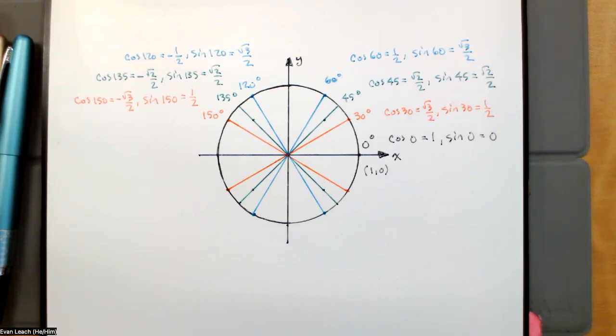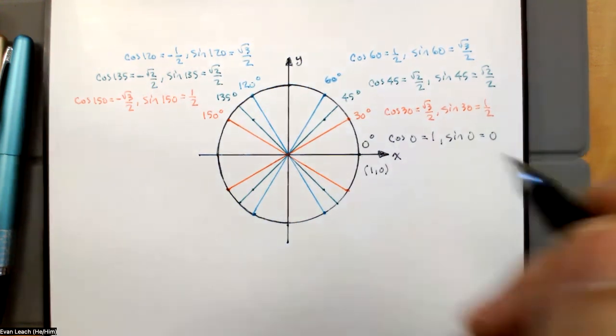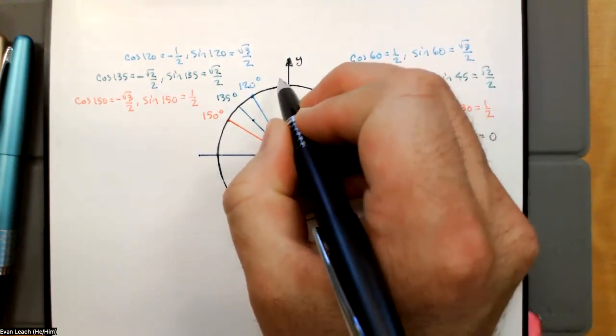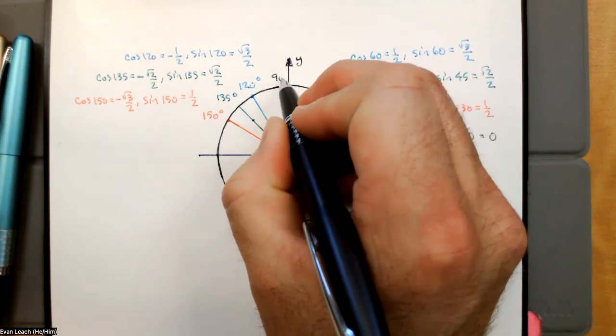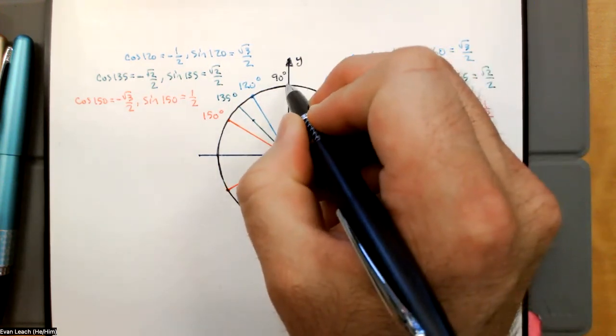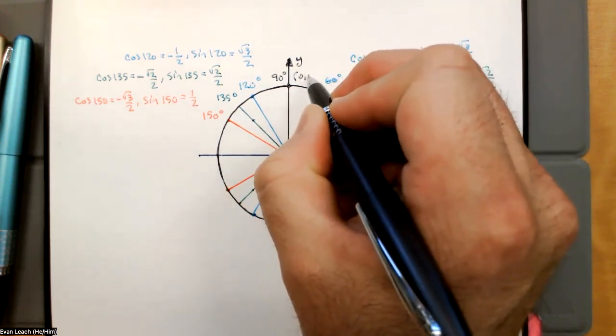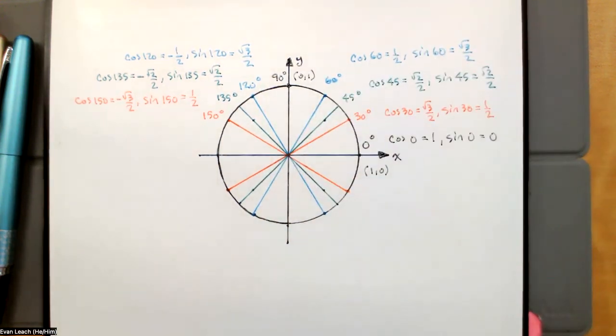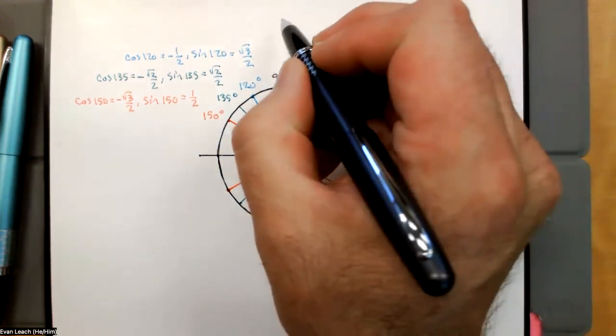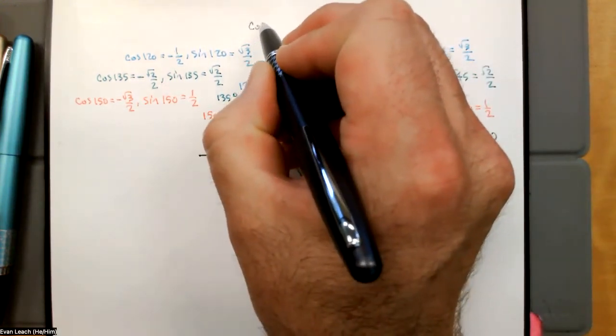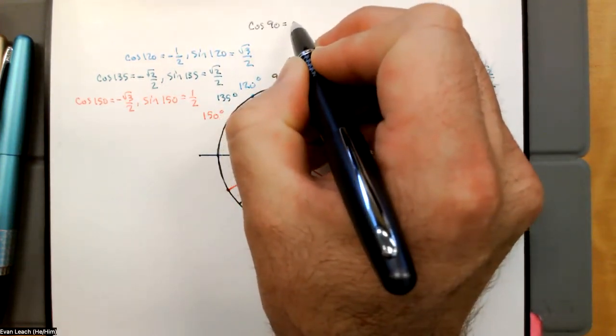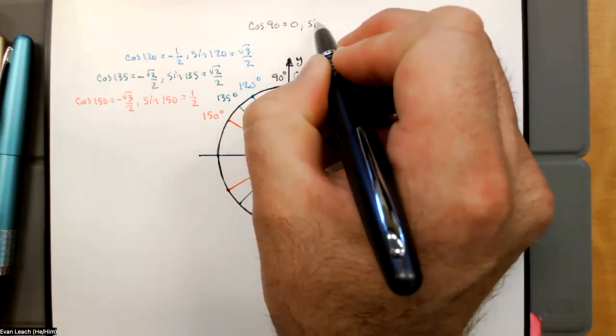Now, if we go up to the positive y-axis, where we're at 90 degrees, the coordinates of this point are 0, 1. So the cosine of 90 is the x-coordinate, which is 0, and sine of 90 is 1.